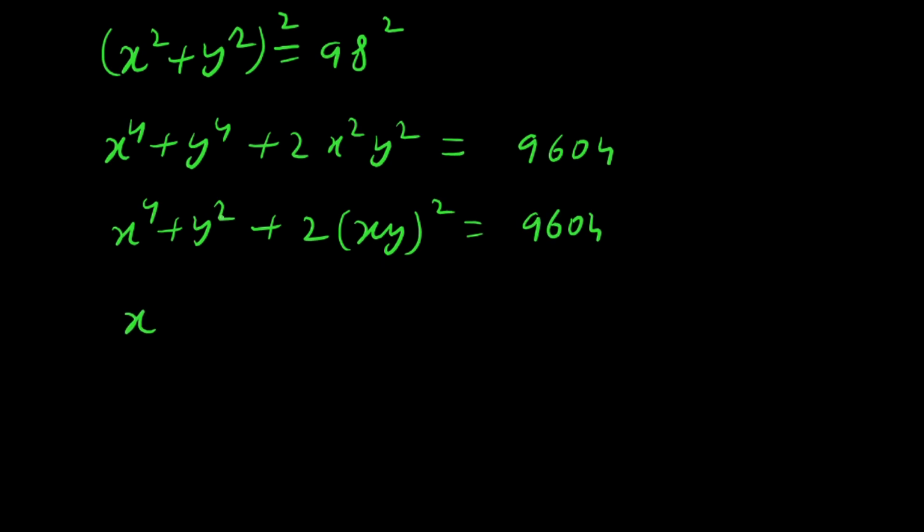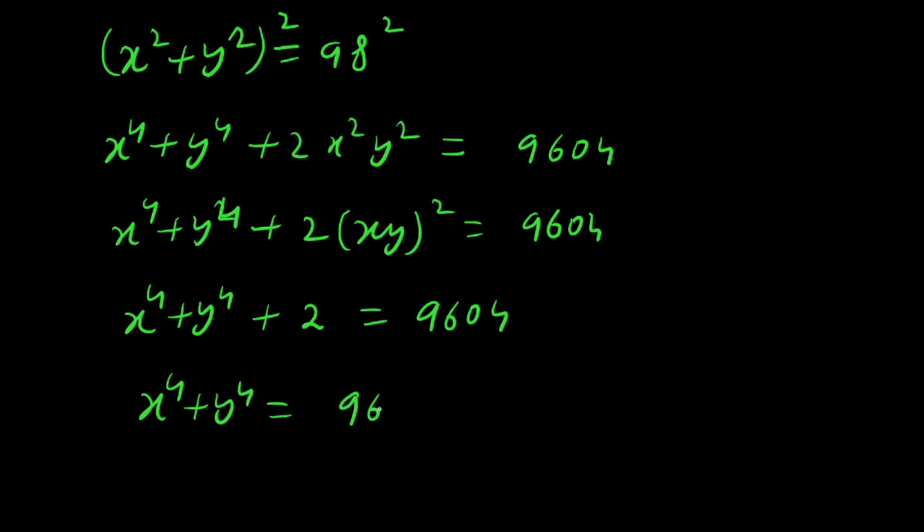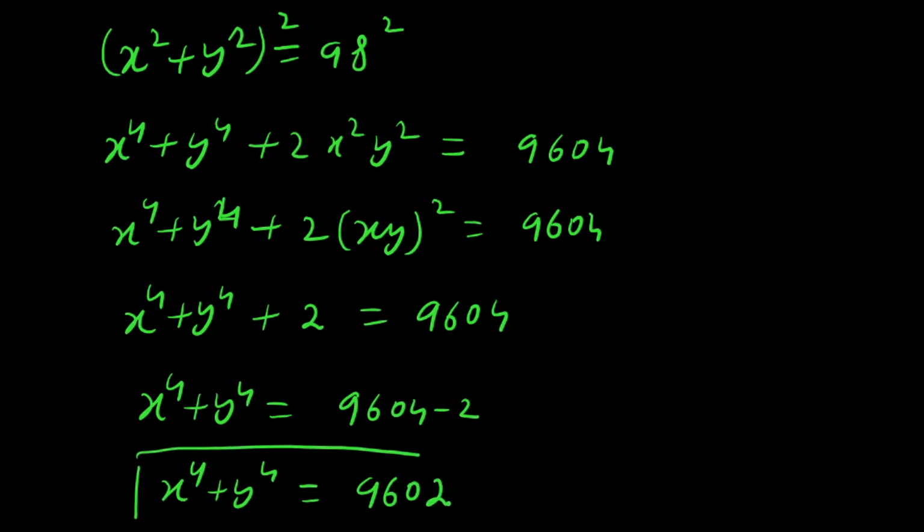Then x power 4 plus y power 4 plus 2 equals 9604, so x power 4 plus y power 4 equals 9604 minus 2, which is 9602. So the value of x power 4 plus y power 4 is 9602.